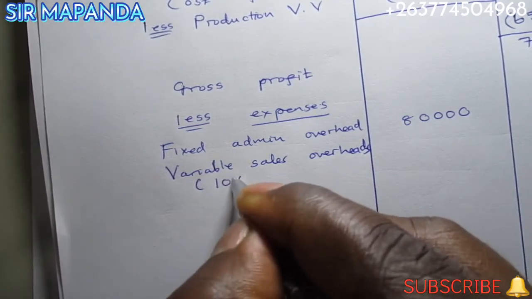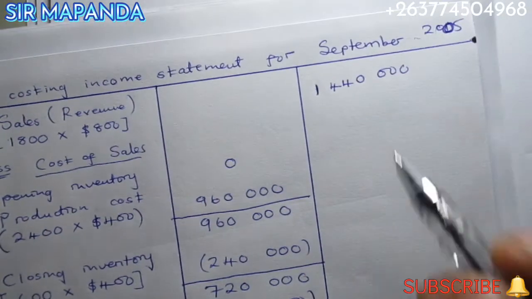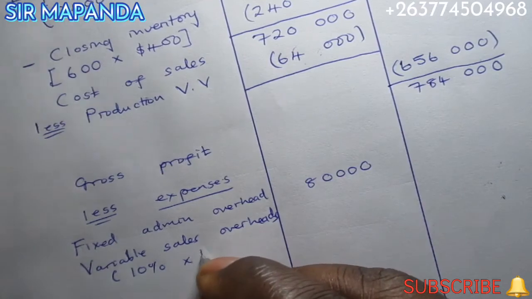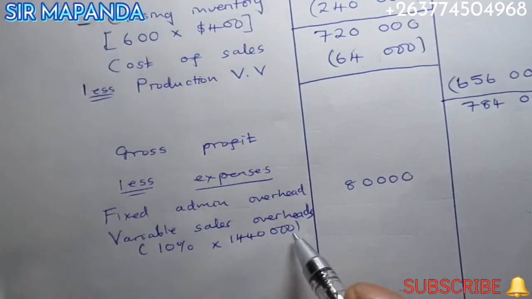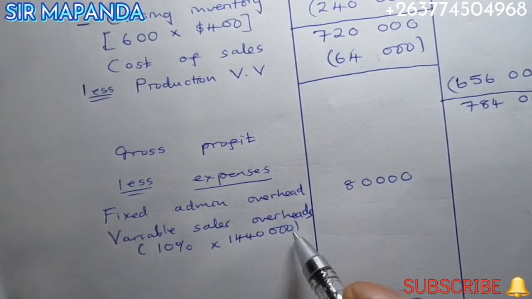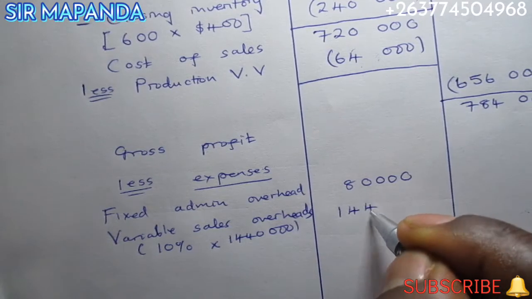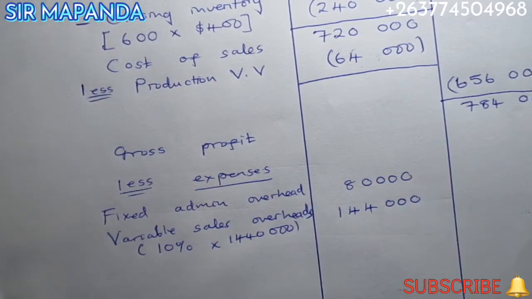Then 10% times the sales value. So our sales value was 1,440,000. So I'm going to multiply by 1,440,000. You simply erase the 1 0 in front. You get 144,000. Something like this. I hope you are following, class.